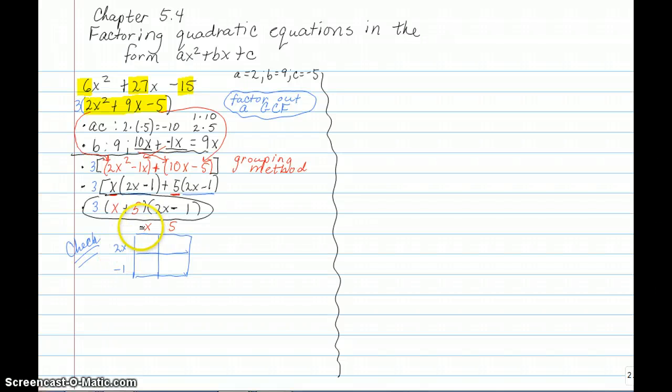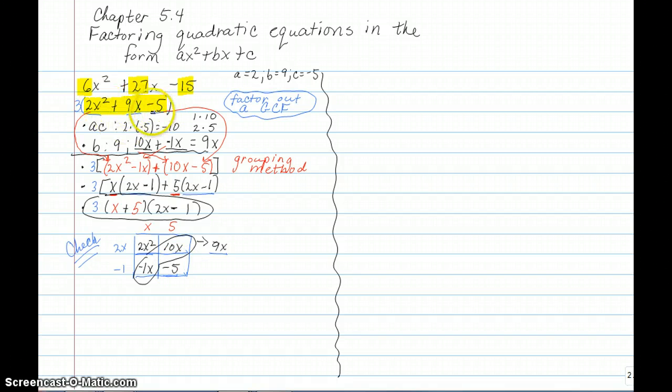So we go 2x times x is 2x squared. And there we go. 2x times 5 is 10x. Negative 1 times x is negative 1x. Negative 1 times 5 is negative 5. So these two are like terms, negative 1x and 10x, which is 9x. Now we check it out. So we've got 2x squared, 2x squared, 9x, 9x, negative 5, negative 5.